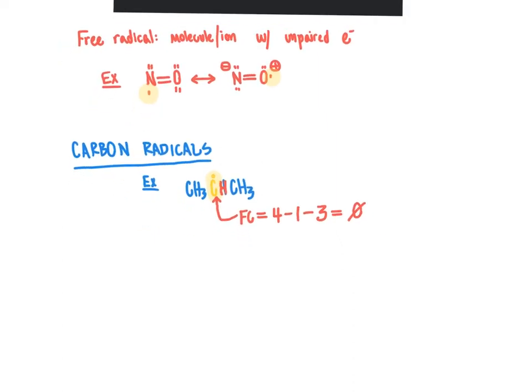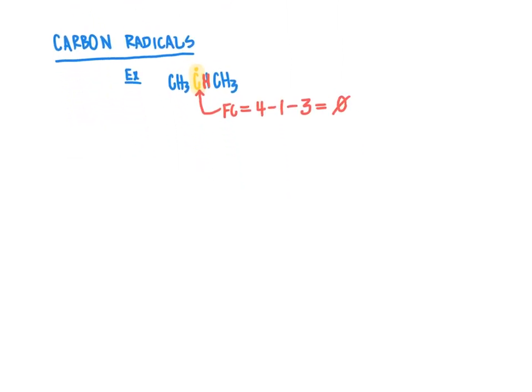When we think about alkyl radicals, remember that an alkyl group is a group that has just carbon-carbon single bonds. When we're talking about alkyl radicals, we can break them into 3 basic categories: primary, secondary, and tertiary alkyl radicals.